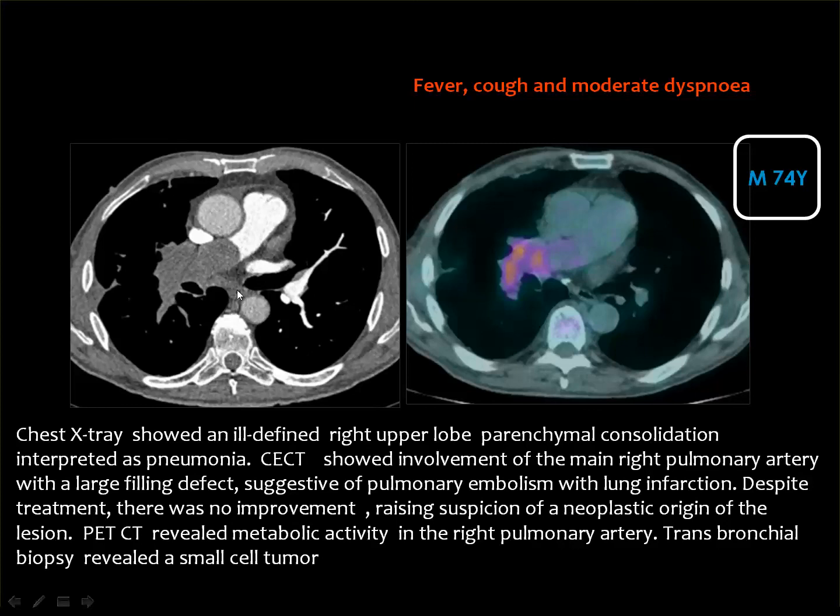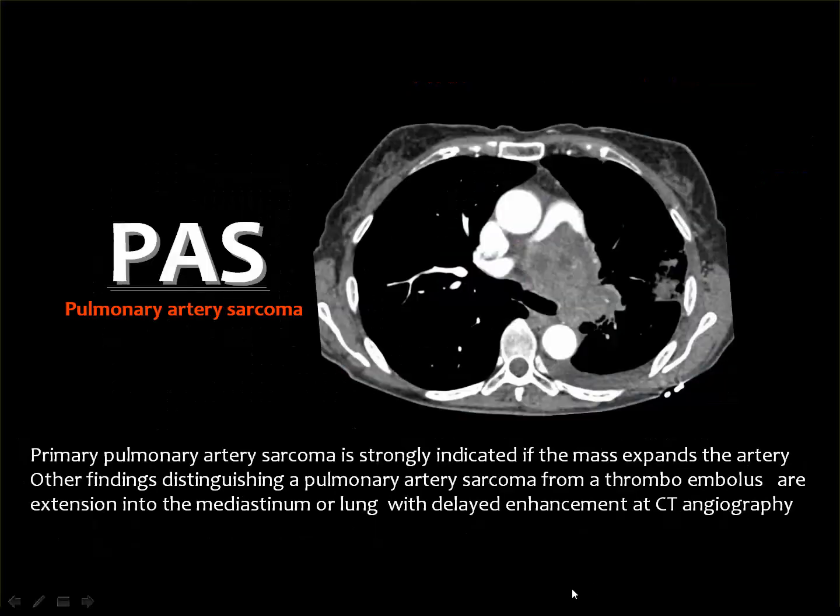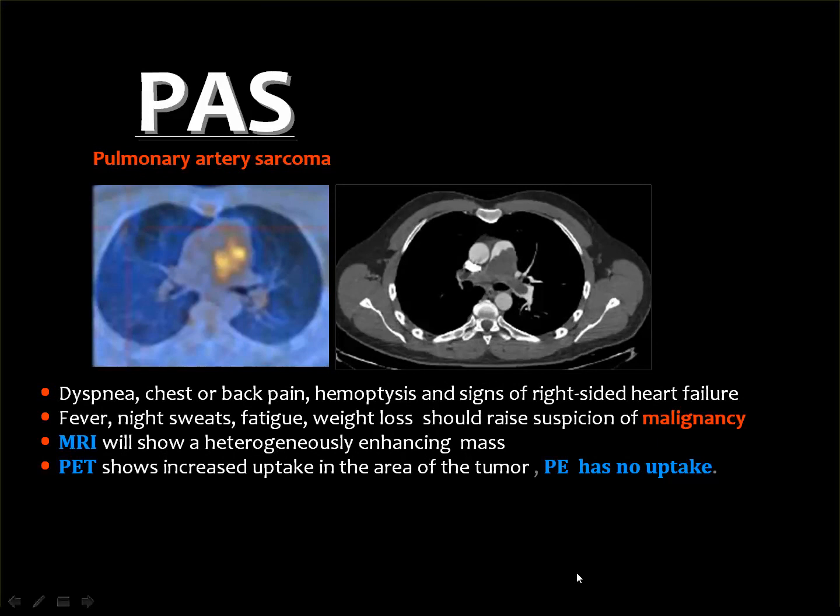And this is the CT pulmonary angiography as well as the PET scan, which shows a big filling defect in the pulmonary artery on the right side, and this filling defect has shown metabolic activity, denoting its malignant nature. Also, you should remember that the pulmonary artery sarcoma will expand the artery, will invade the adjacent mediastinum, and also it will invade the adjacent lung parenchyma.